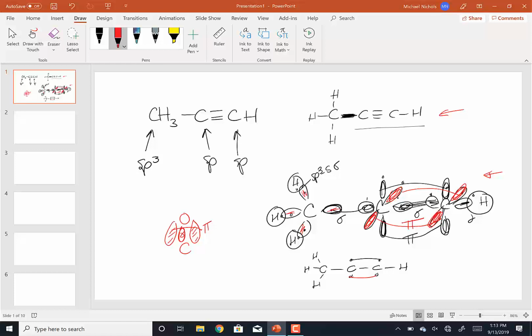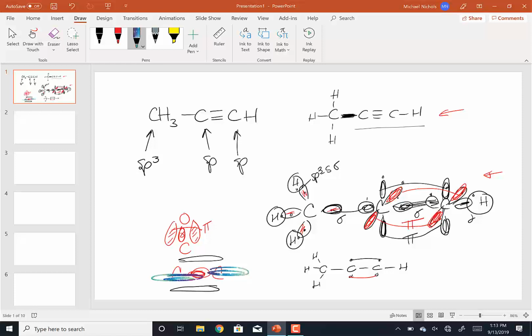A triple bond, would it be like 5 lobes? So if I was going to write my triple bond sort of like that, it would be like this. Here's my sigma bond, and then here's my first pi bond, and then here's my second pi bond. In and out of the plane.